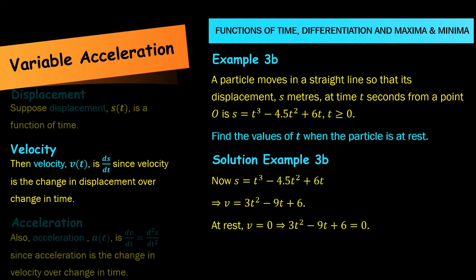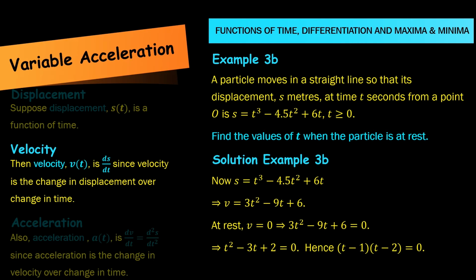At rest, which is what we're required to find, we have that v equals 0. This implies that 3t squared minus 9t plus 6 equals 0, as shown here. And so we're solving this quadratic. We've clearly divided through by 3 in order to simplify this, as shown.